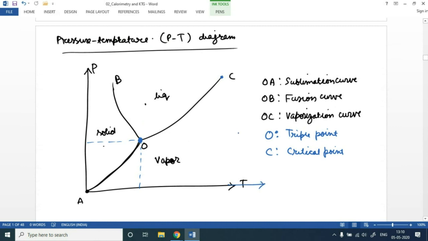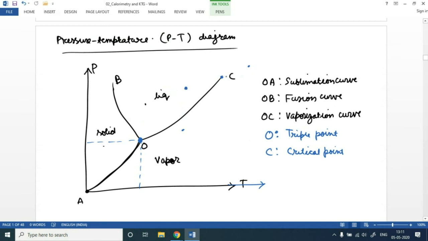So if we have material over here and we compress it, from vapor to liquid we can convert it, and on releasing the pressure, it could be converted from liquid to vapor.